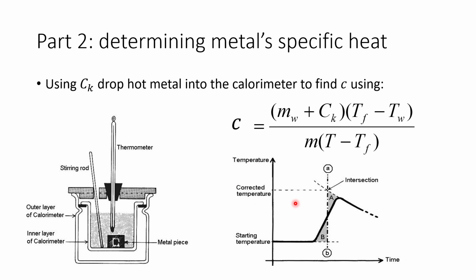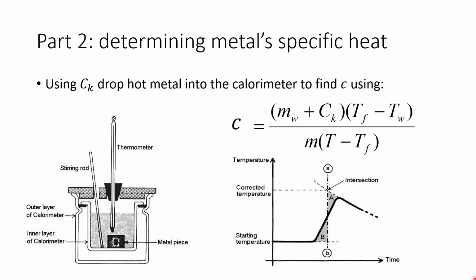This corrected temperature would be your TF, and once you know TF, you can calculate C. Okay, so this lab is pretty short and quite easy. You do it twice. Again, I'm sorry guys, this equation is missing a small CW here, but feel free to refer back to my first slide where the derivation was done.